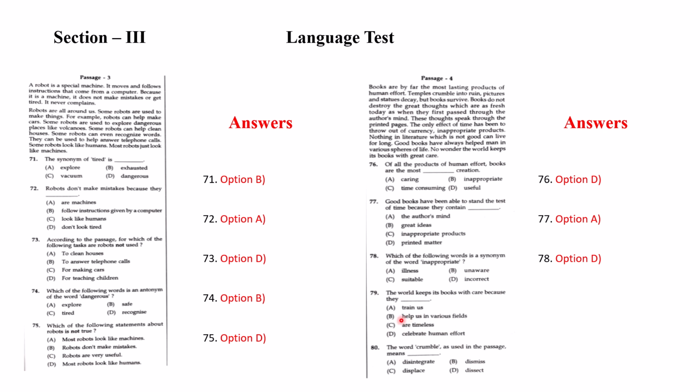Therefore, we can say that they help us in various fields. 79 correct answer would be option B. Coming to question number 80, the word crumble as used in the passage means, crumble is another word for disintegrate. Crumble means one thing is integrated, and when it disintegrates and falls, that is called crumble. Therefore, option A would be the right answer here.